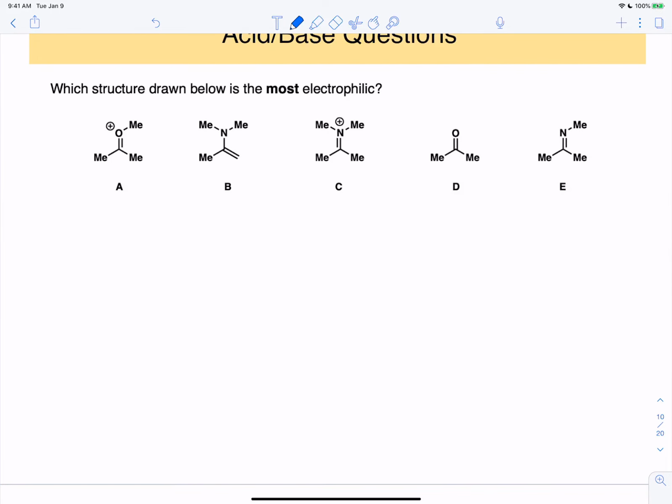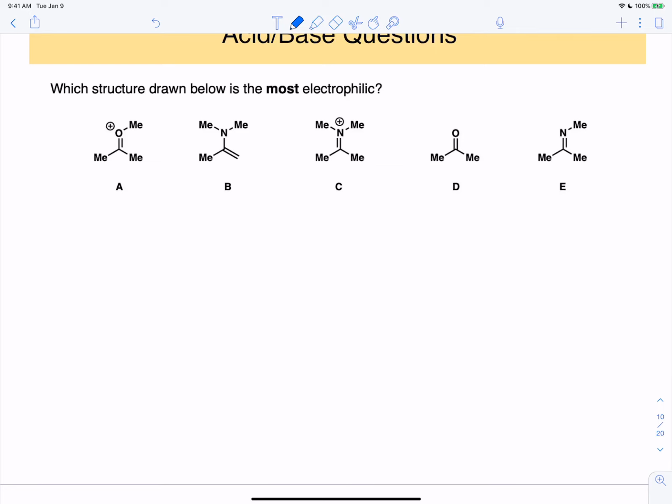Now we have an electrophilicity question. So again, the rules slightly change. Rather than looking at conjugate acids or conjugate bases, sometimes we want to imagine what is the resulting product if a nucleophile were to attack the electrophile. How does that change the stability of that next step? And this becomes instructive.